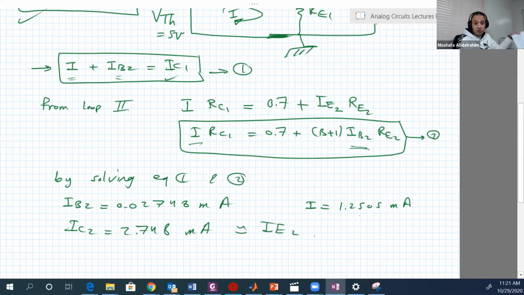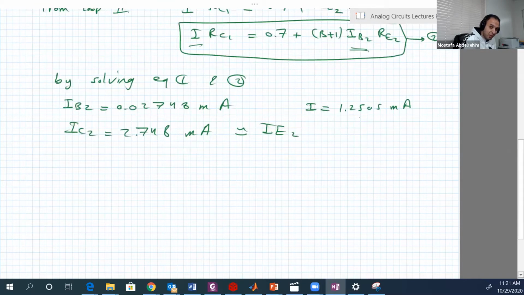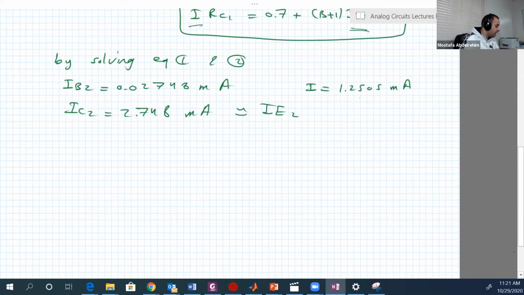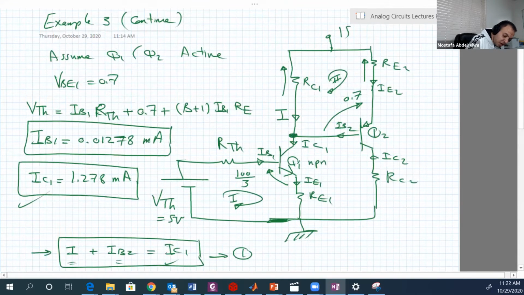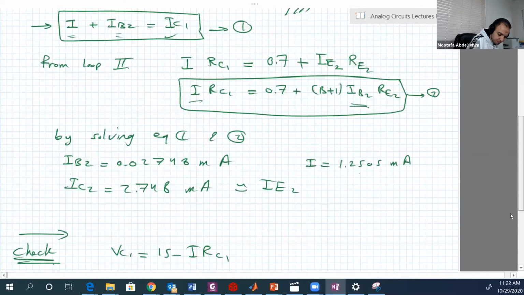Now the moment of truth, whether we are really active or not, so we must calculate VC1, VB1, VC2, VB2. I will do that very quickly. We must make two checks, one for Q1, the NPN transistor, and another for the PNP transistor. So VC1 is equal to, I will just state the equation, you go and do it, the voltage at that point, which is 15, minus the voltage drop I RC1.